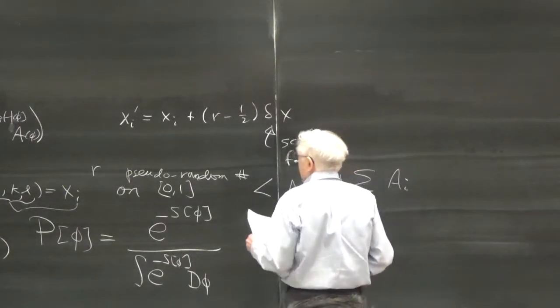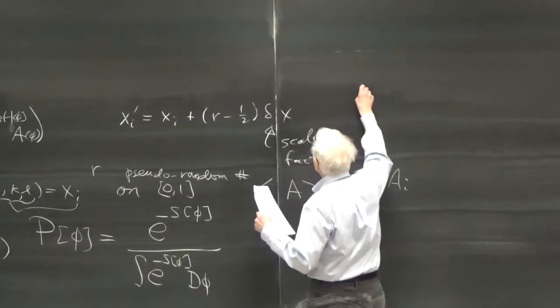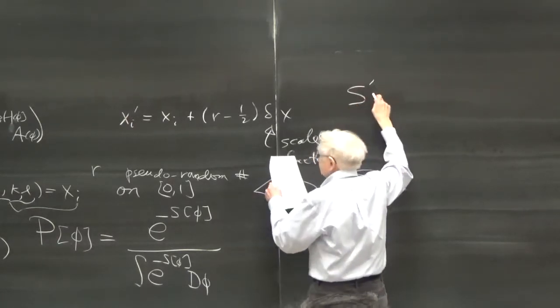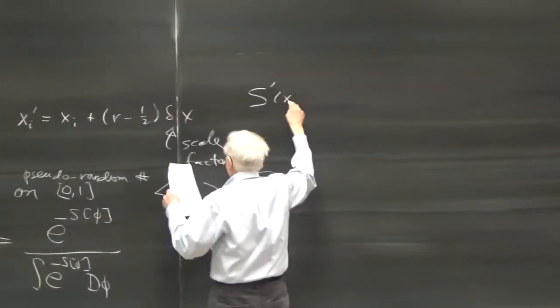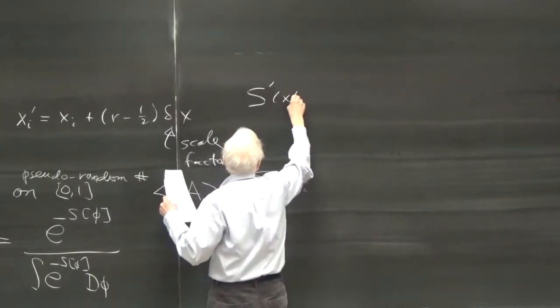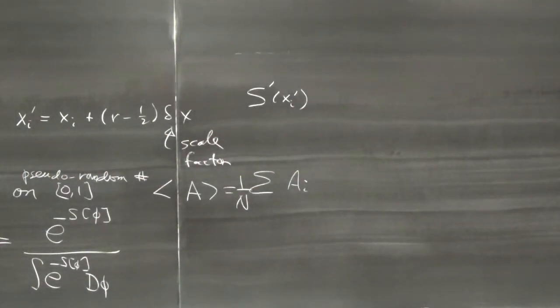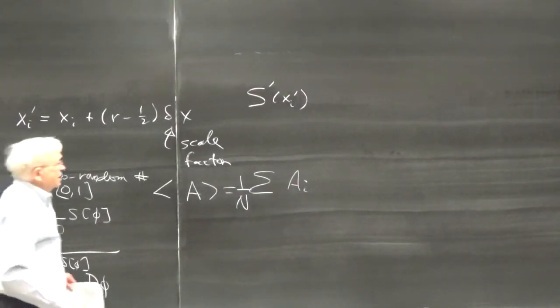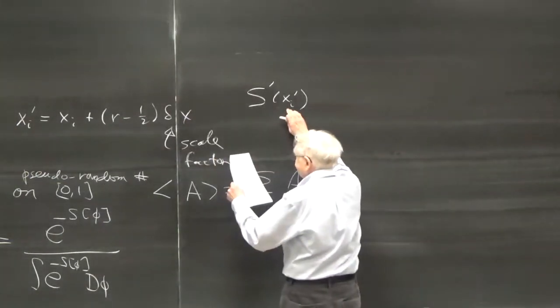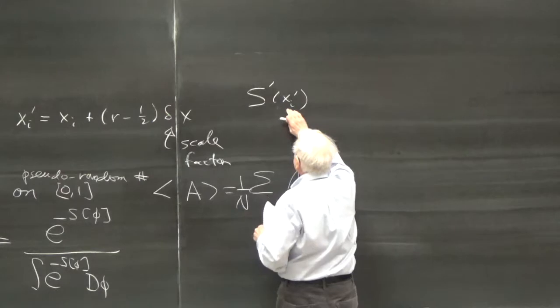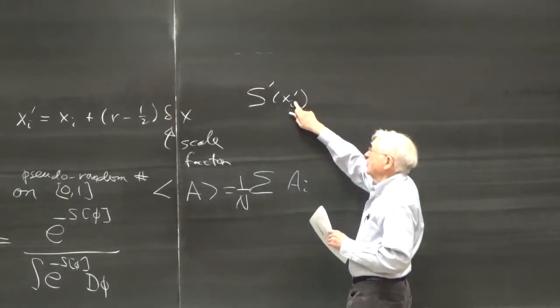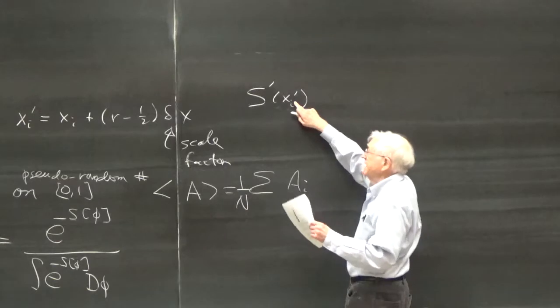So let's say that S prime of x_i prime, and when I say S, what I'm imagining is that S depends upon the entire lattice of values of x_i, but now x_i prime is the value when you change the value of x_i from x_i to x_i prime.